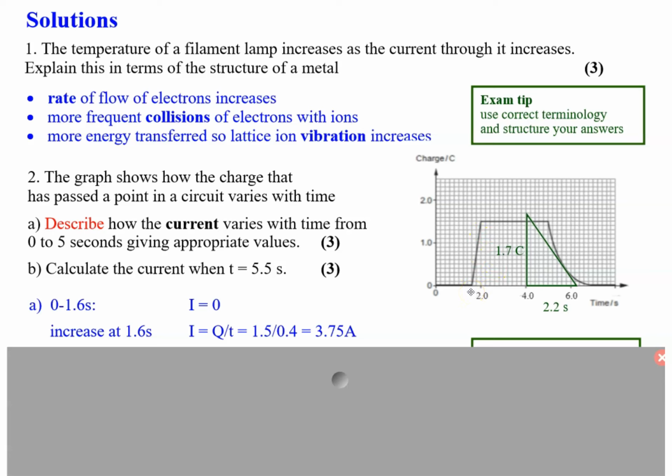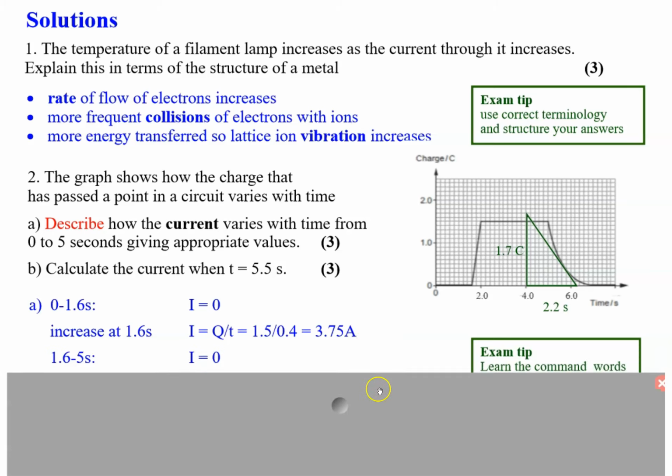Charge divided by time is the current, so working out the gradient will give us the current. All we need to do is work out the gradient of this section here. We go up to a total of 1.5, so 1.5 minus 0 divided by our 2 blocks here, 0.4, we should get 3.75. So we've got a constant gradient, so a constant current at that point.